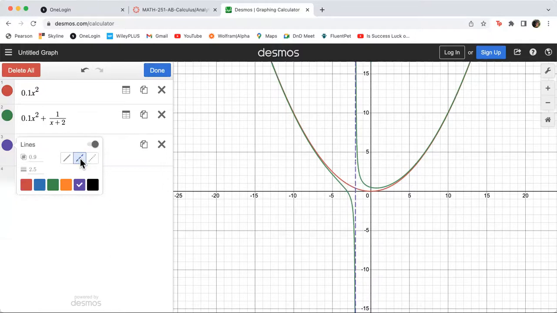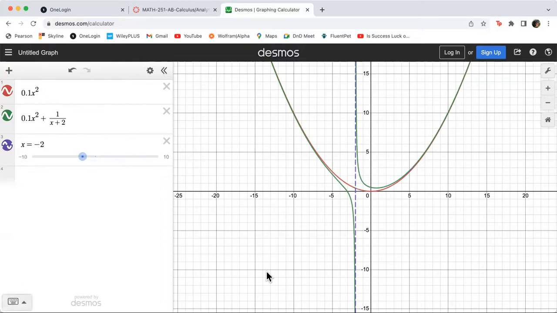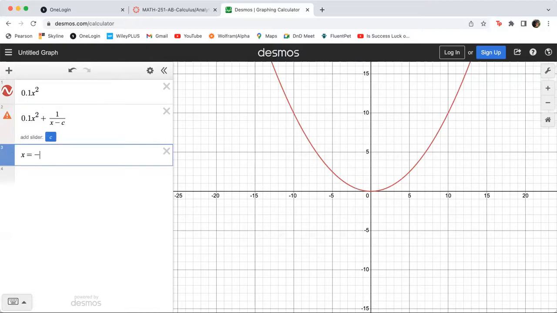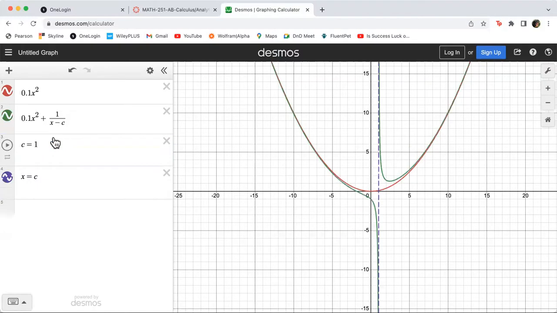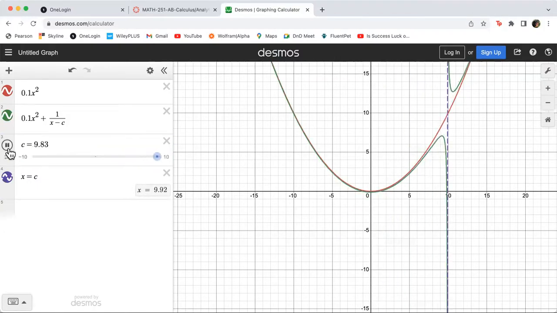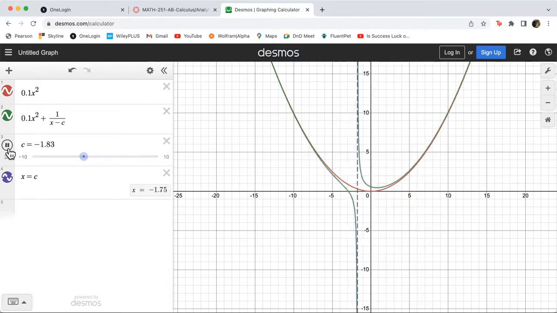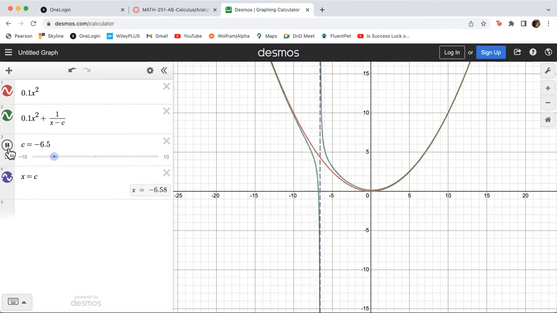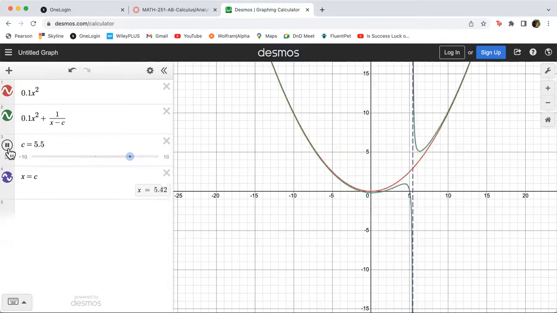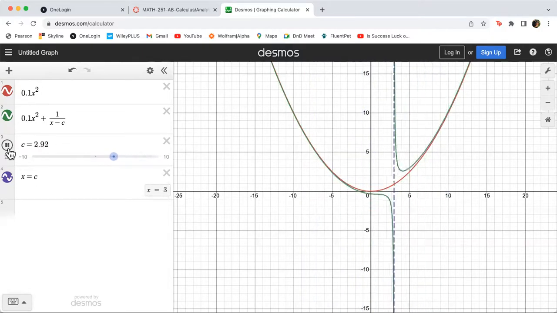Dots are kind of cool, but I think the dashes are better. So there we see that the graph is trying to look like the parabola, well, 1/10 x squared, because I need it wider.